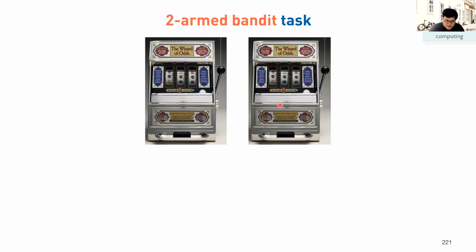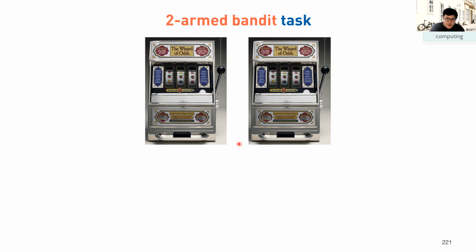One is better, one is worse, and you don't know which. What you can do is play with it. You have to really pull the lever to observe what might happen, and then update your knowledge, your belief, regarding whether this machine is worthwhile to play or not.